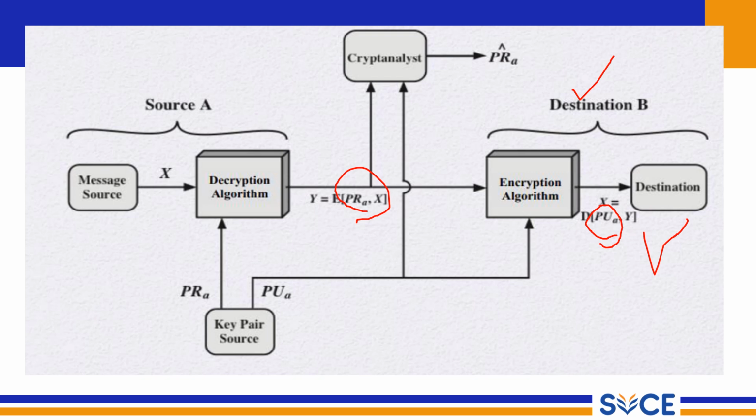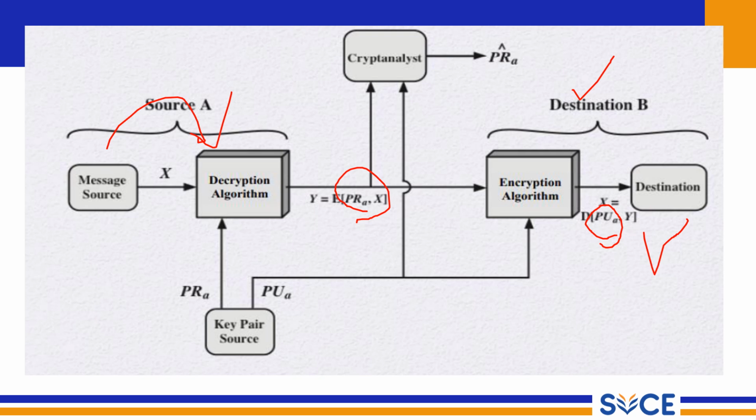However, the adversary is also interested in being able to read future messages as well, in which case an attempt is made to recover PRB by generating an estimate of PRB. So this is the key pair source, and the message is recovered by the decryption algorithm, while the adversary follows the cryptanalysis method. This is all about the public key cryptosystem.